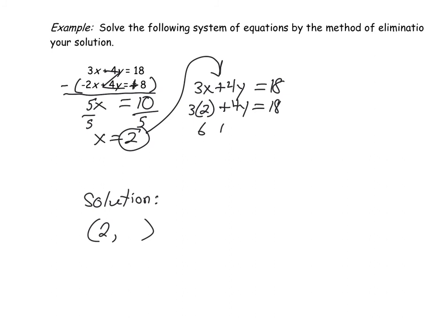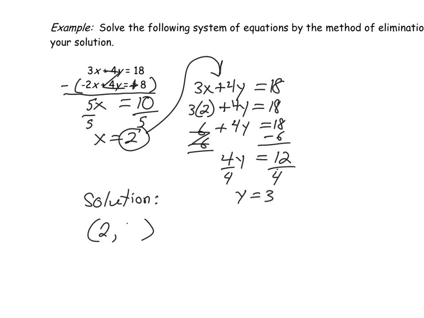That gives me 6 plus 4y equals 18. Take away 6 from both sides. Those two zero out. I get 4y equals 18 minus 6 is 12. And then divide by 4. I get y equals 3.